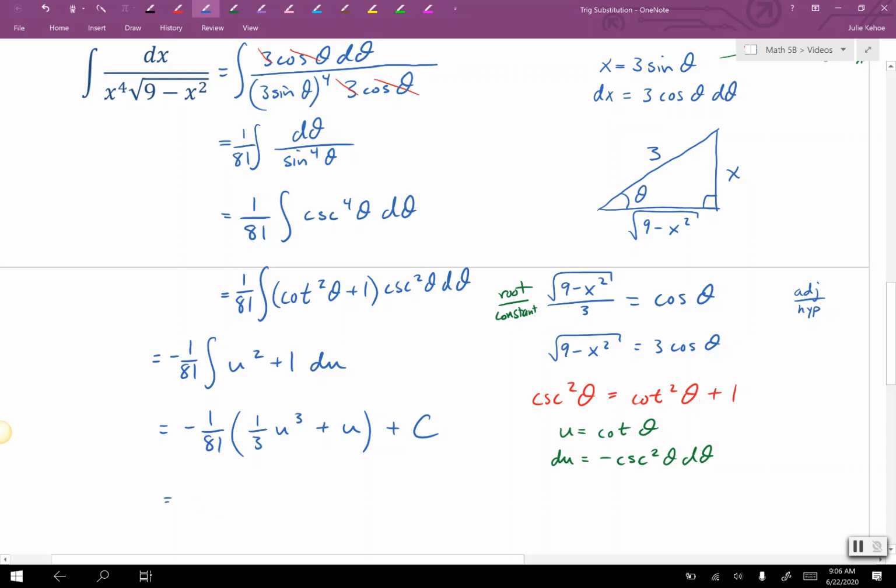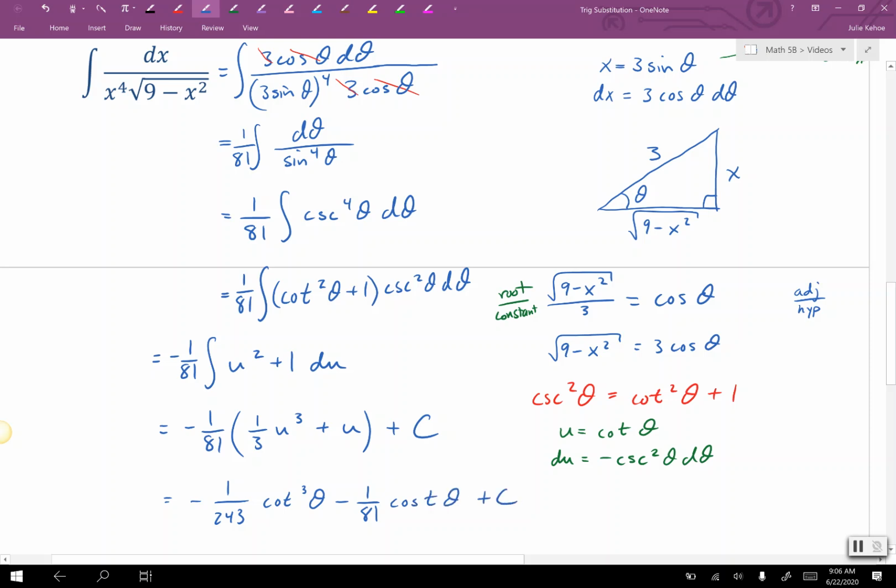So 1 over 81 times 1/3, that's going to be negative 1 over 243. And then u was cotangent, so I get cotangent cubed theta, minus 1 over 81, just distributing the constant from out front, times cotangent of theta plus c.